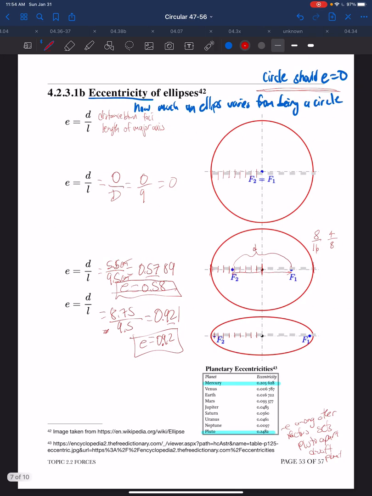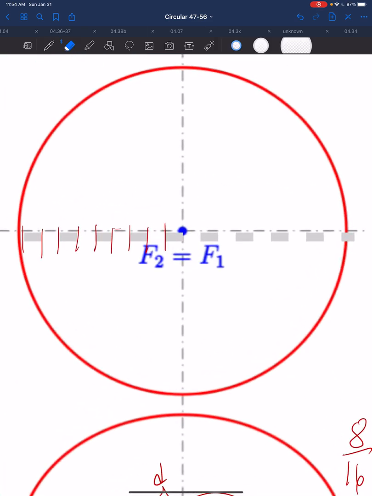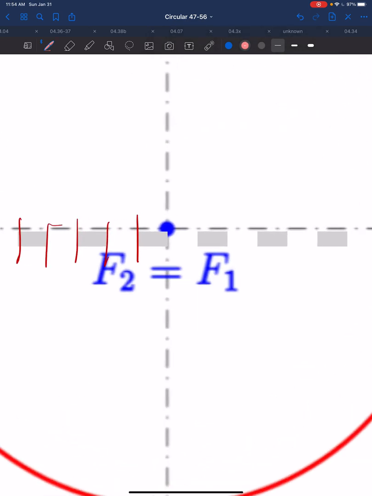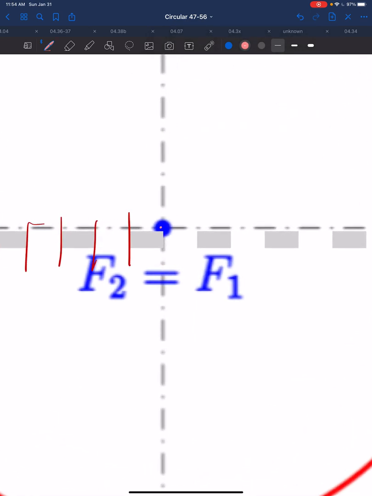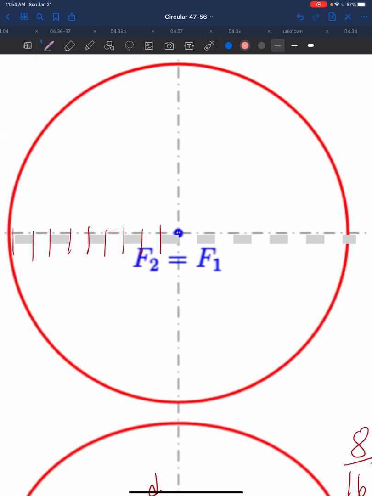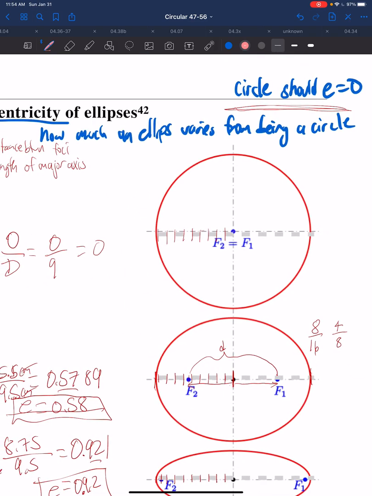And if we come back to this one here, if the sun were at the blue, and we were to put the foci of the orbit in here, they would both be inside the sun. That's how close the Earth's orbit is to being a perfect circle, and Venus is even better than that.